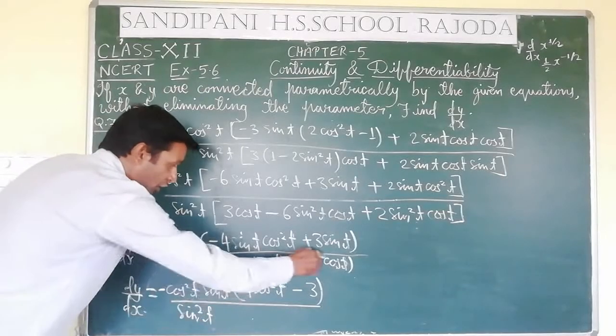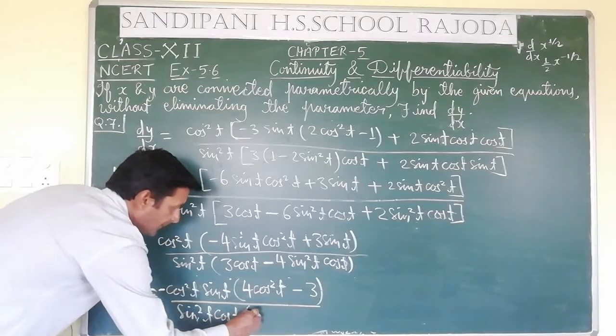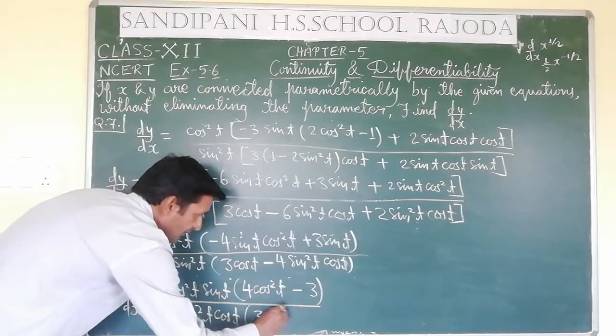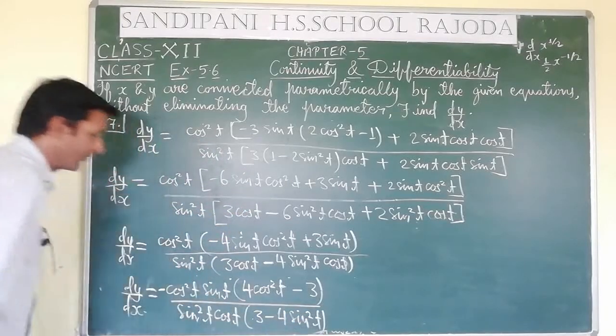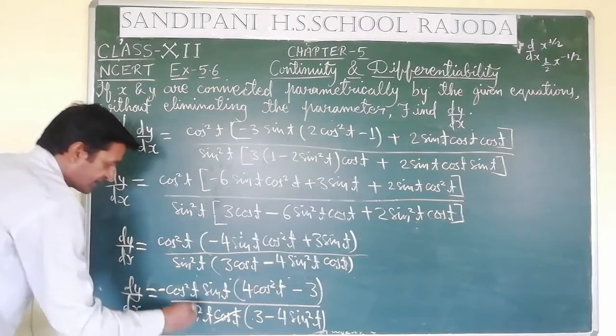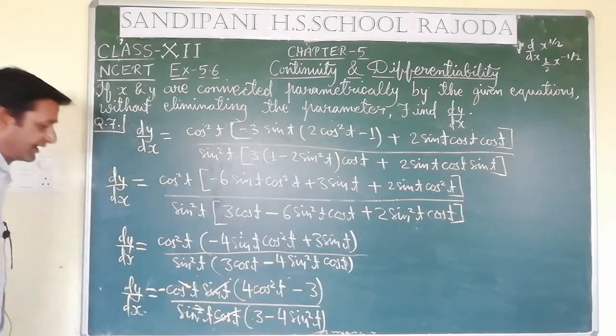Now we can take cos t common from here. So it will become 3 minus 4 sin square t. Now this cos t is cancelled by this cos t, and this sin t is cancelled by this sin t.